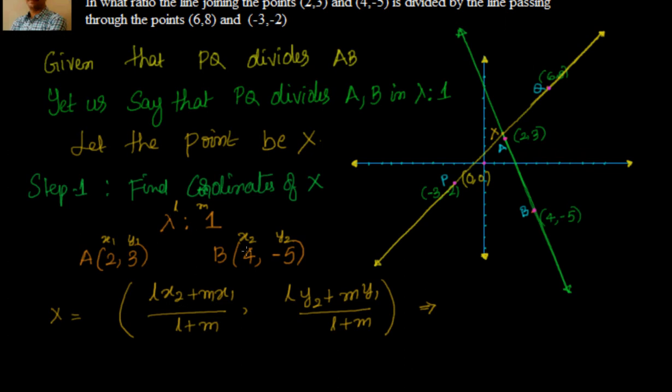L into x2, that is lambda into 4, plus M into x1, that is 2, divided by L plus M, that is lambda plus 1, comma, L into y2, that is lambda into -5, so -5 lambda, plus M into y1, that is 3, by lambda plus 1. So these are the coordinates of the point X.